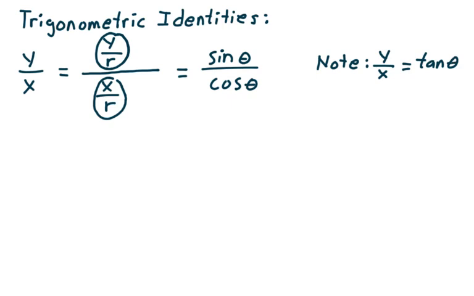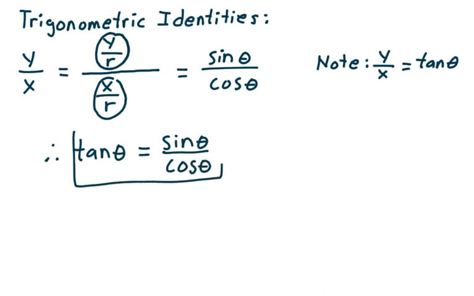So if y over x is sine theta over cosine theta, and y over x is equal to tangent theta, we should be able to conclude that tangent theta is the same as sine theta divided by cosine theta. And this is trig identity number 4.